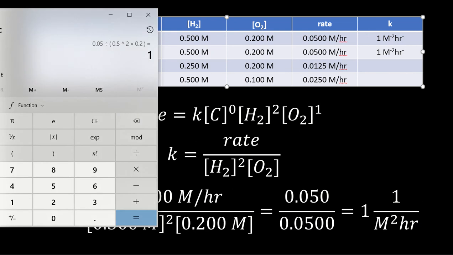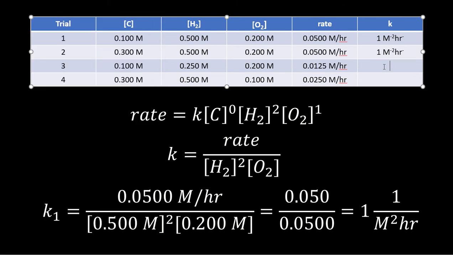If we were to take the data in trial 3, the rate would be 0.0125 molars per hour divided by 0.250 molars squared for the concentration of molecular hydrogen, multiplied by 0.2 molars for the concentration of molecular oxygen. And that would also end up equaling 1.